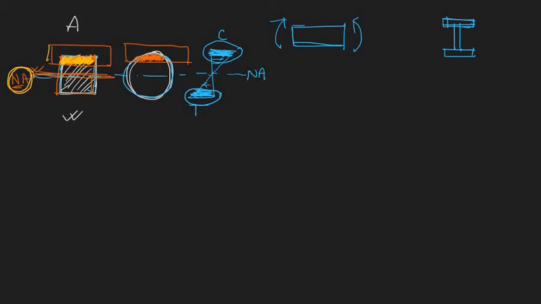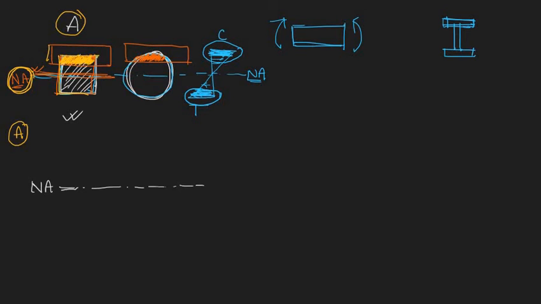Ideally, if we were allowed to put all the material away from the neutral axis, let's say this is the neutral axis, and you are given total cross-sectional area A just like in a square or circle, and now you are allowed to put all the material away from the neutral axis, what would you do?